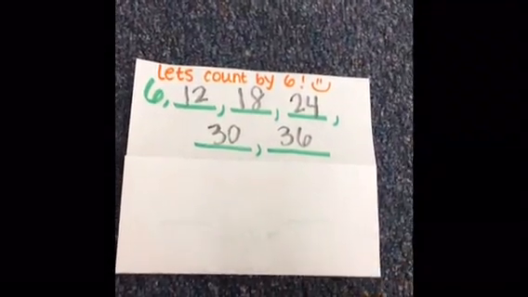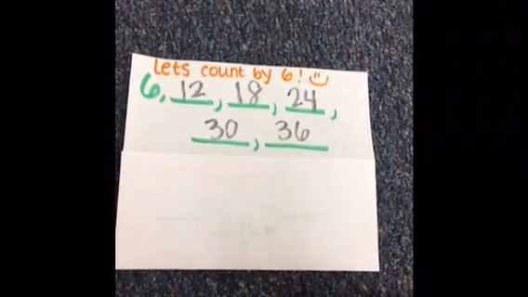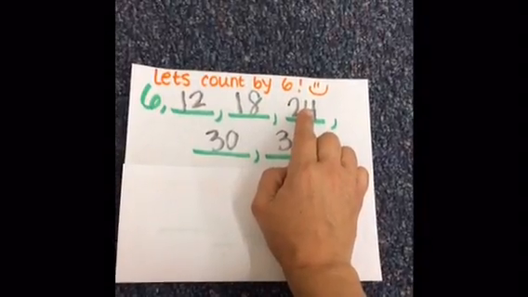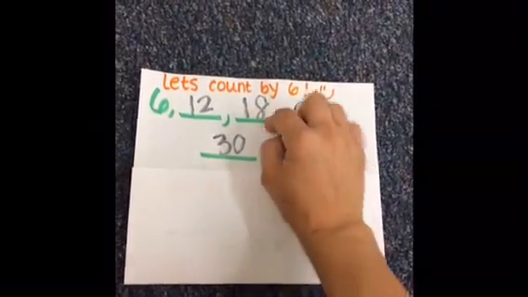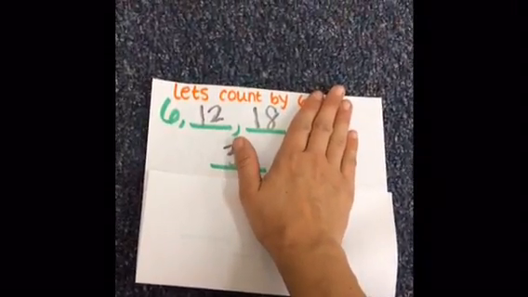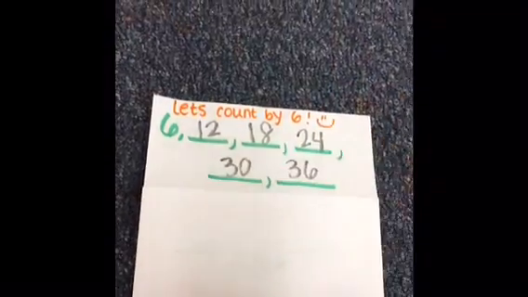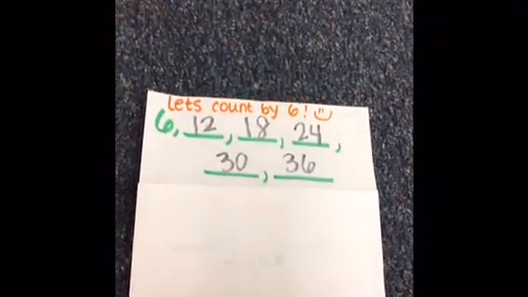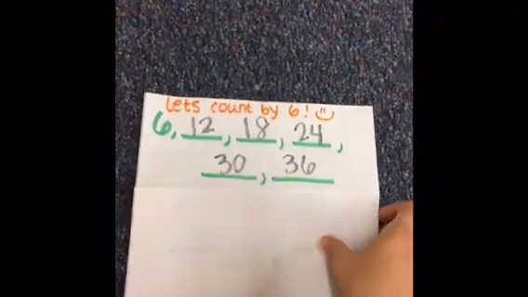Great job. I bet you filled in some of those even before I did. And again, if I'm at 18 and I don't know what comes next, I can add, well, 18 plus 2 is 20, plus 4 is 24. Break apart that 6, decompose it.